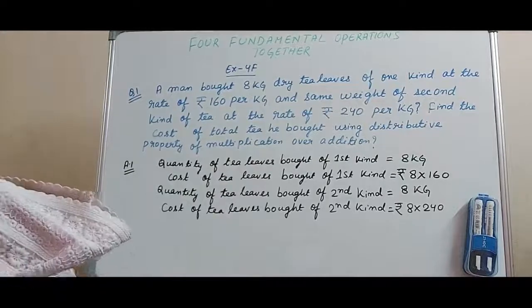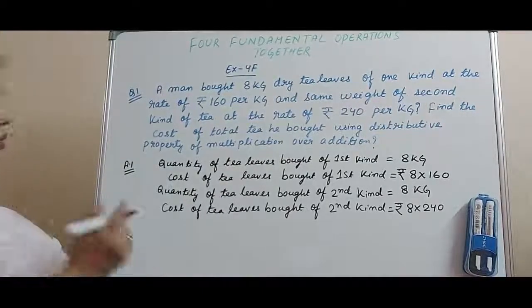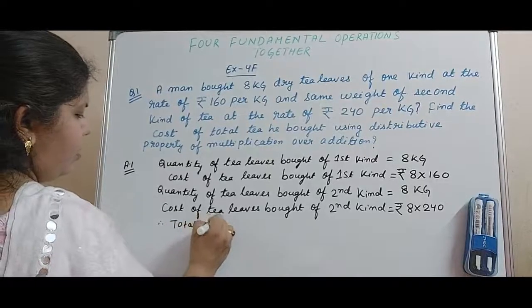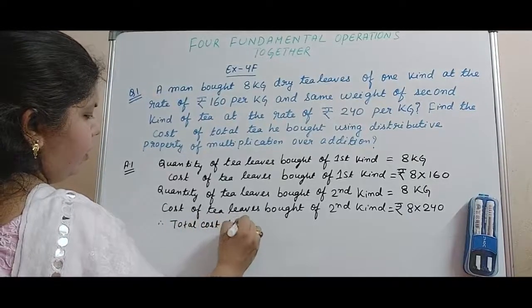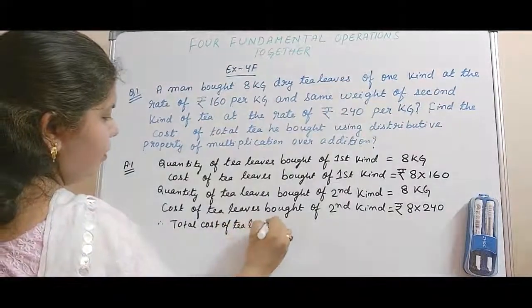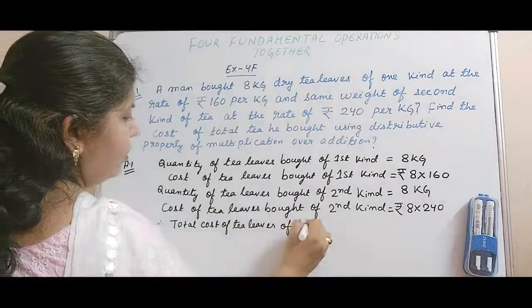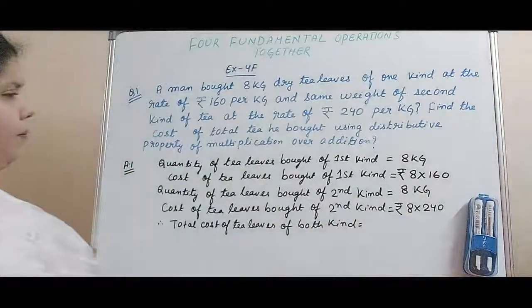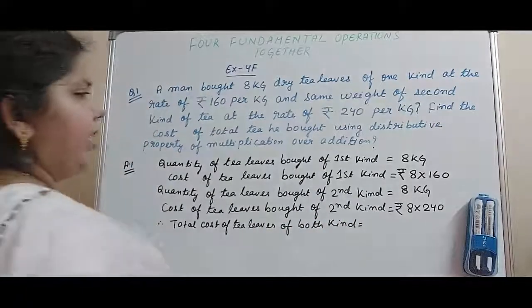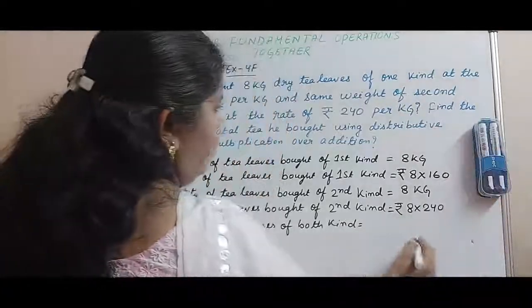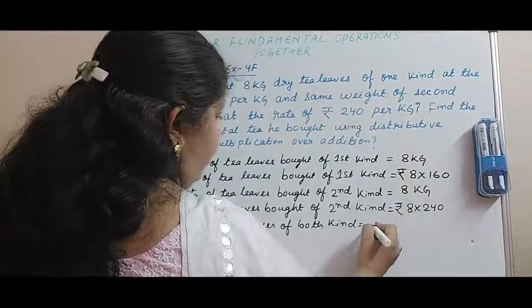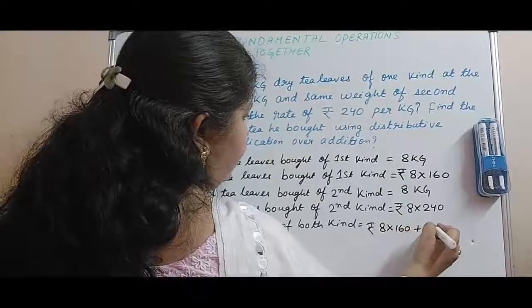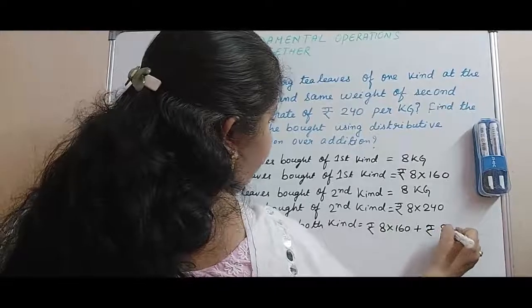Find the cost of the total tea he bought. Therefore, total cost of tea leaves of both kinds equal to, let's just look at here, rupees 8 into 160 plus rupees 8 into 240.